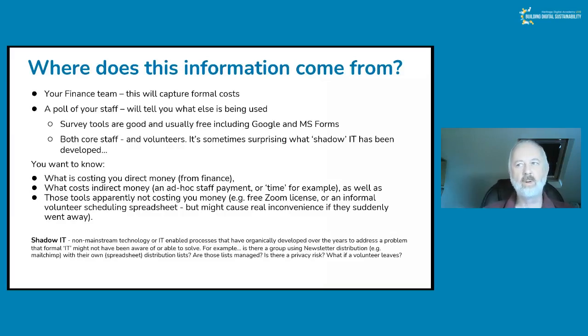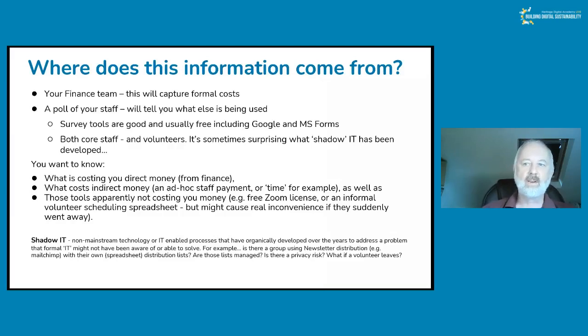So do you know what your people are doing? That's staff and volunteers, and pull together that list of whatever's out there, including this shadow IT. What you want to know is, obviously, what is costing you direct money? And that could be straight from the finance.